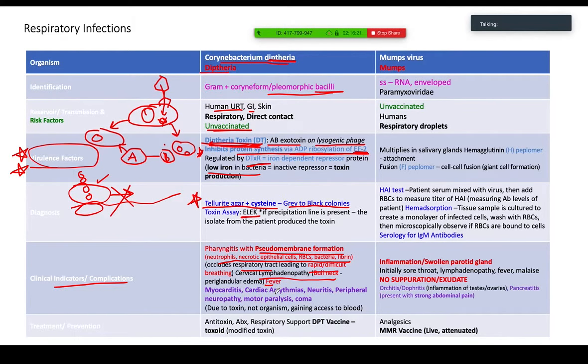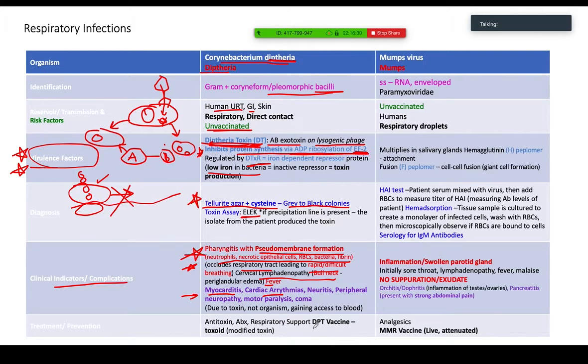Diphtheria can also go on to involve the heart, causing myocarditis and arrhythmias. Typically, you're not going to be asked about this particular stuff. You really need to know about the pharyngitis and pseudomembranes that can lead to respiratory tract occlusion.